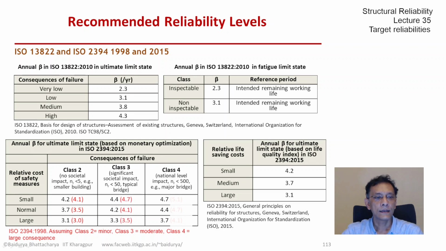We see that the target beta values are more or less the same, but there is a clear downgrading of the target beta values between 1998 and 2015, which is clear in the higher consequence classes. So in class 3 and class 4, clearly we see 4.7 going down to 4.4, 5.1 going down to 4.7, and all the way 4.1 going down to 3.7. So we see a certain amount of revision going on there.